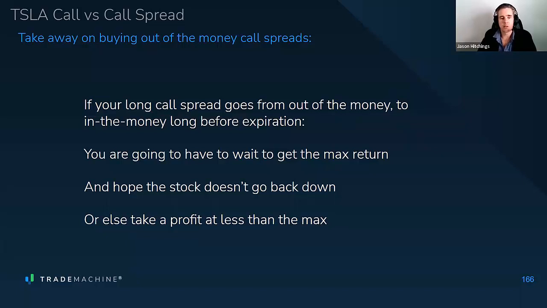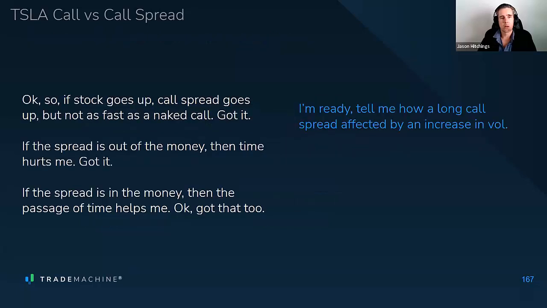You're just not going to get as big of a profit as you feel like theoretically you should. Okay, so if stock goes up, a call spread goes up, but if you just own the call, it goes up faster.